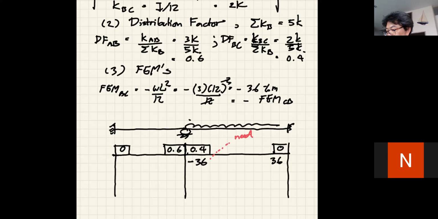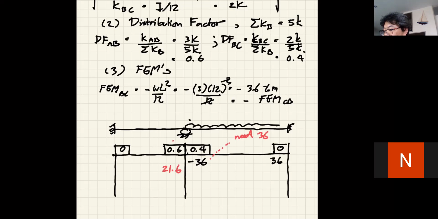Need 36 so that your sigma MB becomes 0, correct? It's that simple. You need 36 to add up with minus 36 so that it becomes 0. And we have distribution factor. So 60% is going to come from member AB. So 60% of 36 is 21.6.